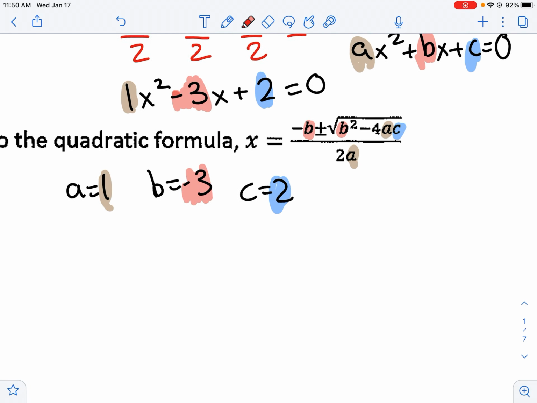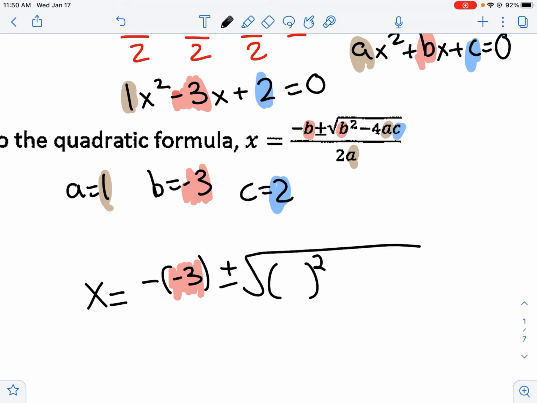All right, so when we plug them in, we're going to get x equals negative b, which is negative 3. Then plus or minus the square root of b squared. I'm plugging in a negative 3 and squaring it, so the negative in front of it is getting squared as well.